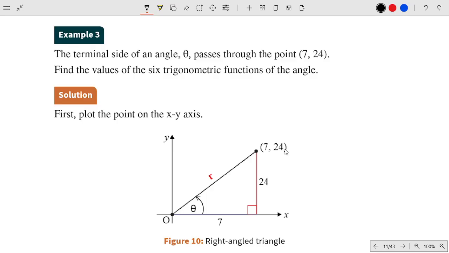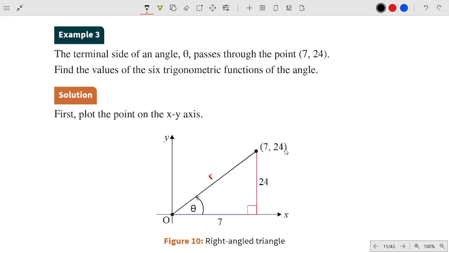wonderful question. The example: the terminal side of an angle, say theta, passes through the point (7, 24). Find the values of the 6 trigonometric functions of the angle.